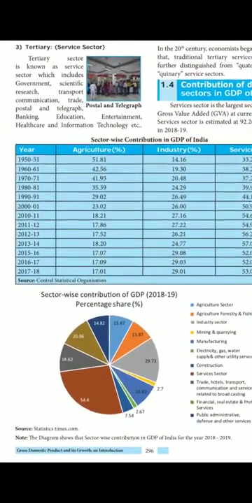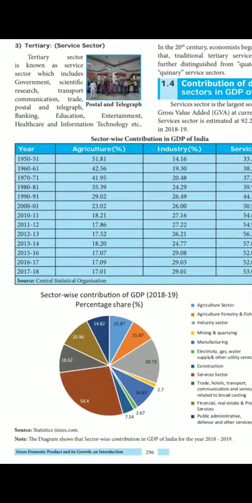Okay, next, the third one is the tertiary sector, or service sector. What do you know about this tertiary sector? The tertiary sector is known as the service sector, which includes government, scientific research, transport, communication, trade, postal and telegraph, banking, education, entertainment, healthcare and information technology.